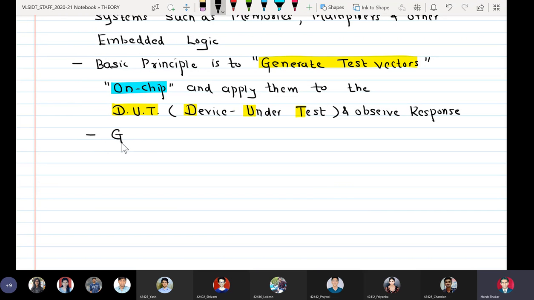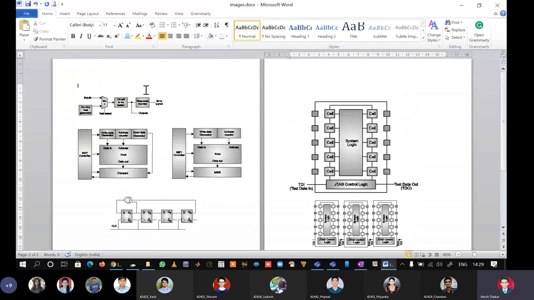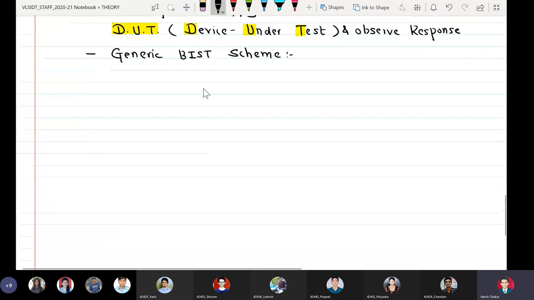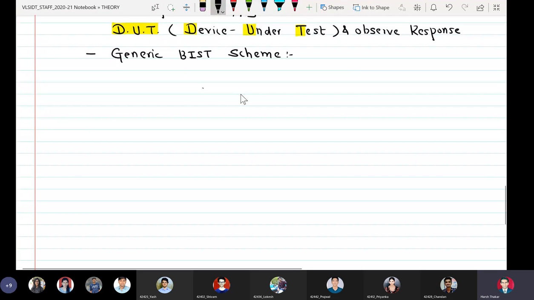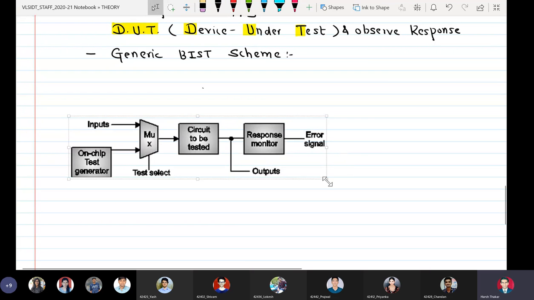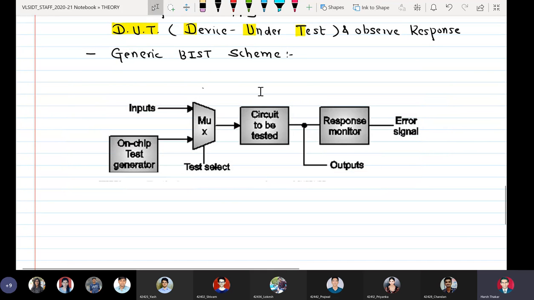So the generic B.I.S.T scheme can be shown as follows. Generic B.I.S.T scheme. So I'll insert a photo here. You'll come to know what I'm speaking about. This is very simple.